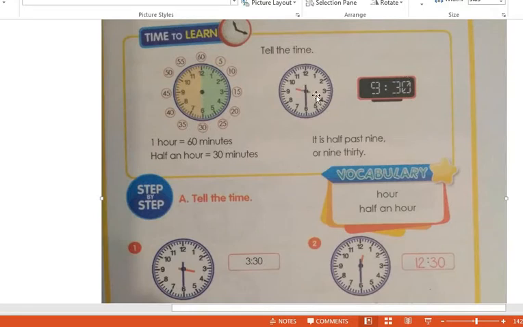Okay. I have here an analog clock. I look at the minutes. The long hand points to the number 6. What does it mean, number 6 here?